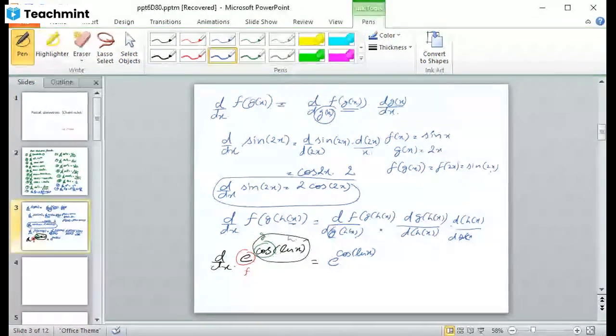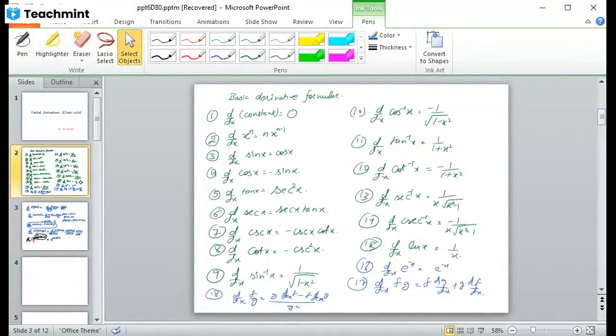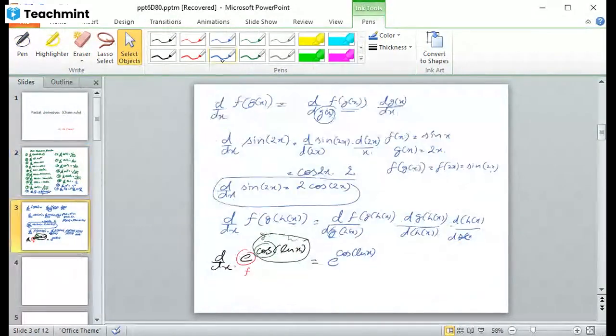Now the second one is I'm going to differentiate g with respect to h. So g is cos and h is log. So what is the derivative of cos? The derivative of cos is minus sine x. The derivative is minus sine because it depends upon log. So I'm going to write it as sine of log x.